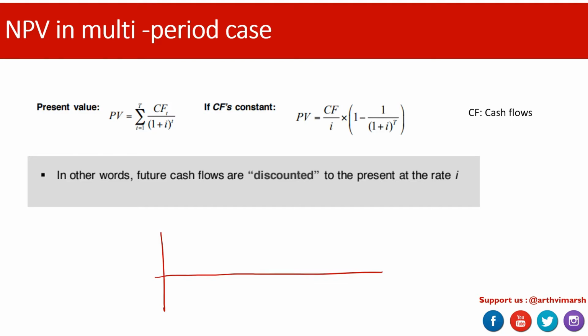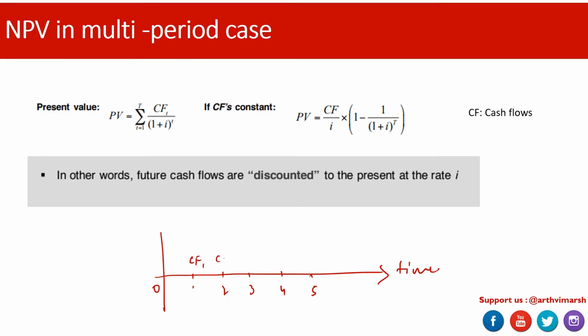Say, for example, this is our time axis, and over the time you have different time periods which have respective cash flows associated with them. Let us imagine that we have a series of cash flows sitting next to each other over the periods.